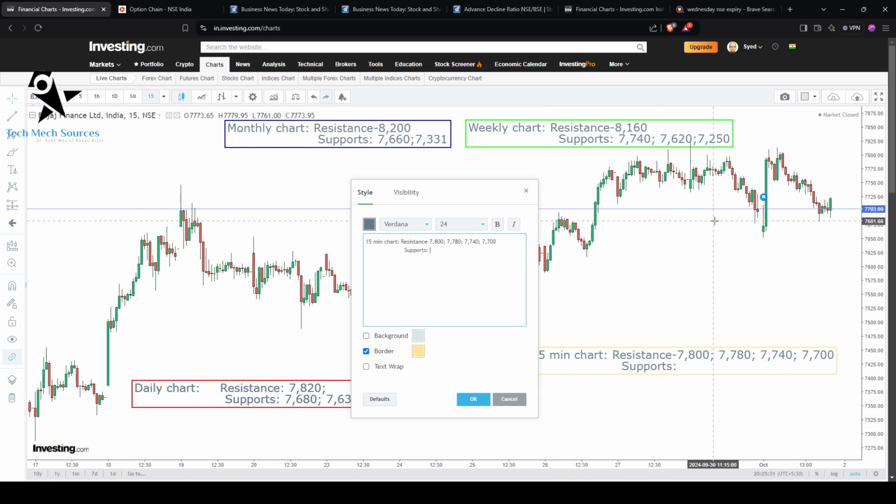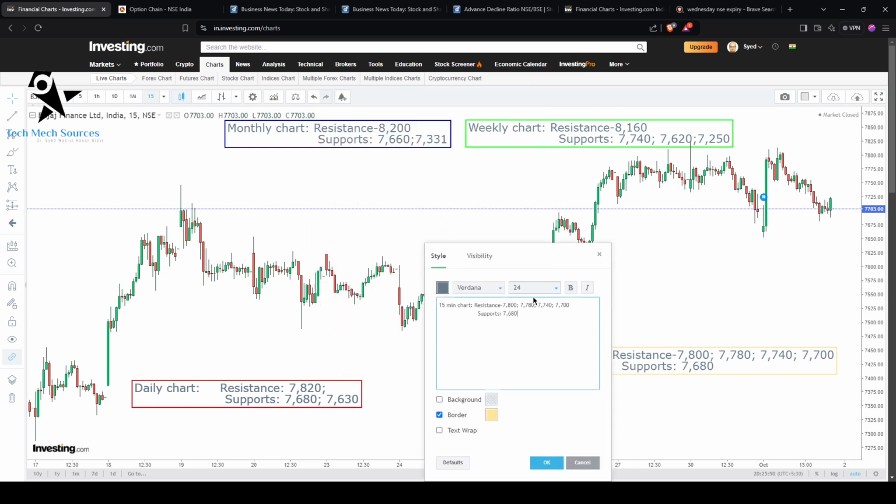Okay. What about the next support? The first support, which is a bigger support, is 7,685, 7,680. This is the support. Is there any other support?